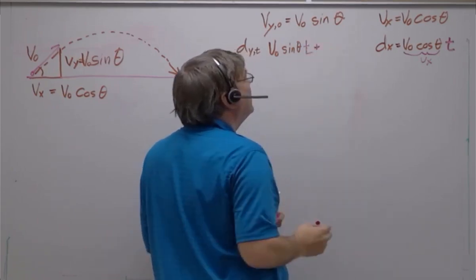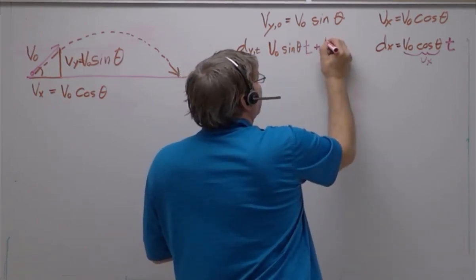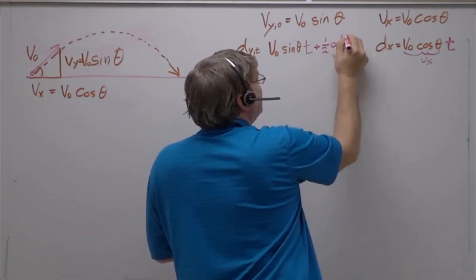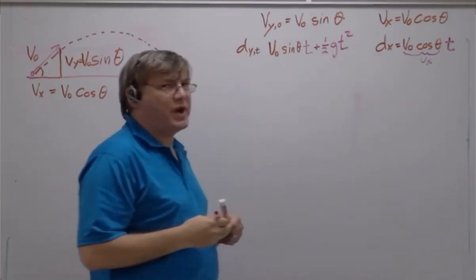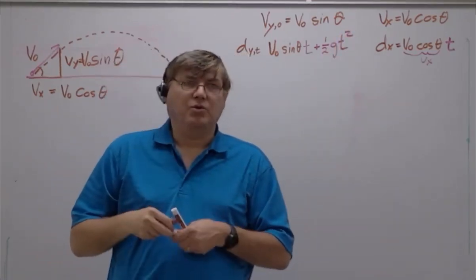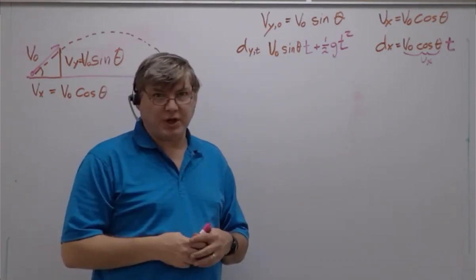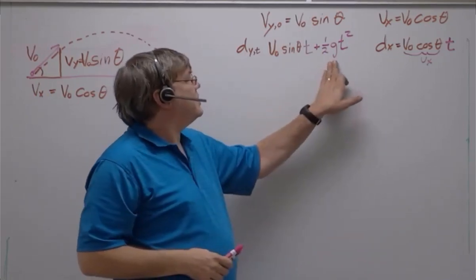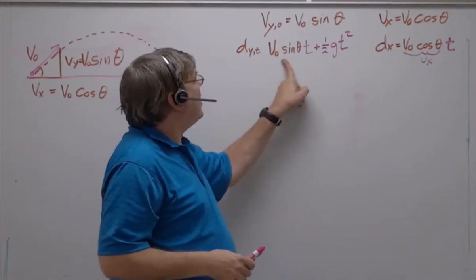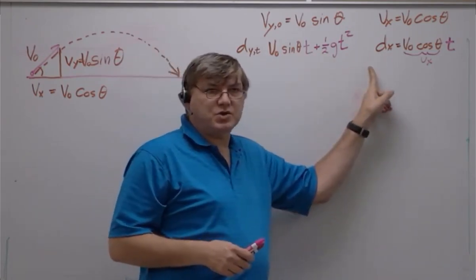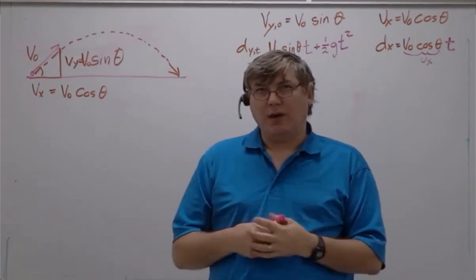plus then we have the normal free fall 1/2 gt squared. So 1/2 gt squared, and g is gravity, which is 9.8 meters per second squared, or we can just use 10 meters per second squared. Notice that this is negative, so we could do V naught sine theta times t minus 1/2 gt squared, and then just use a positive value for g.